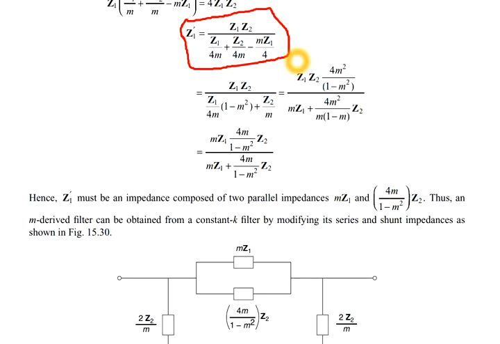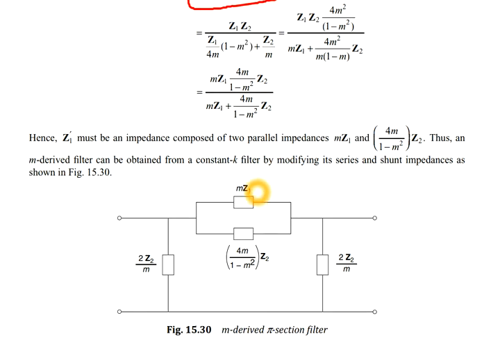When we further simplify this, we can represent it as mZ1 into 4m by (1 minus m square) into Z2, divided by mZ1 plus 4m by (1 minus m square) into Z2. So we can say that this is a parallel combination of different impedances, and they are nothing but mZ1 and 4m by (1 minus m square) into Z2, whereas the shunt impedances are 2Z2 by m, 2Z2 by m.